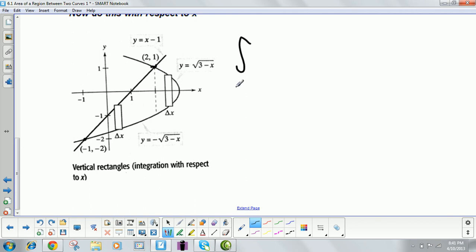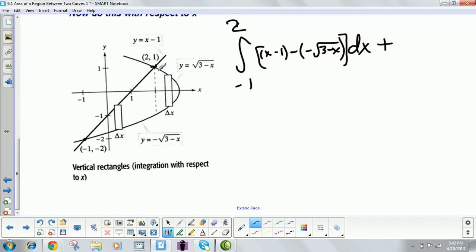So it goes from -1 to 2. There's a 2. And then your upper function is x minus 1, and your lower function is negative square root of 3 minus x. And that's dx. So that's where it stops.